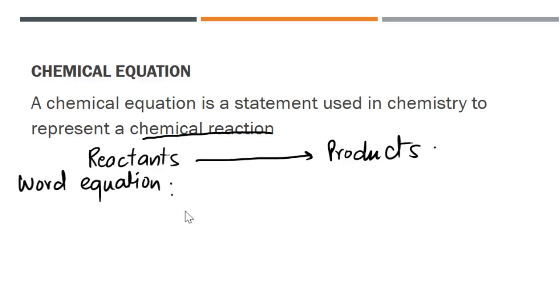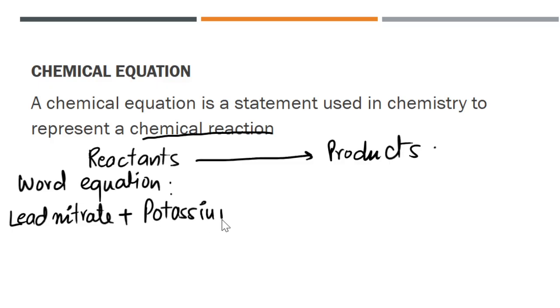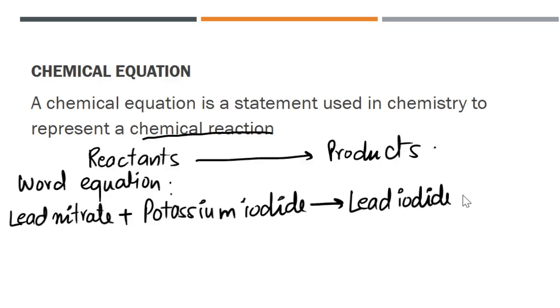So we can put it this way: lead nitrate plus potassium iodide to give us lead iodide plus potassium nitrate. So this is an example of a word equation.